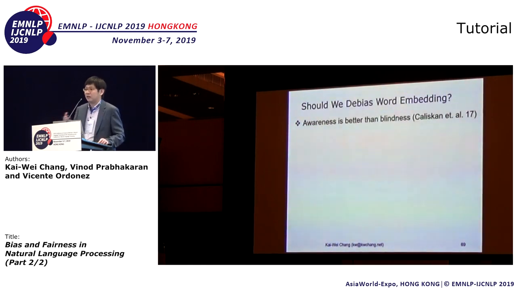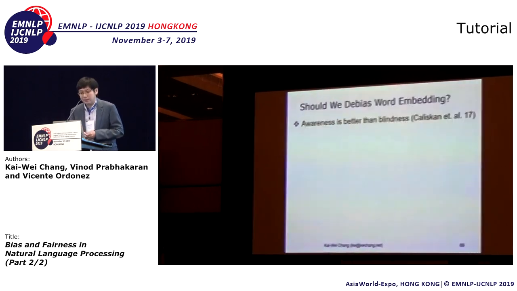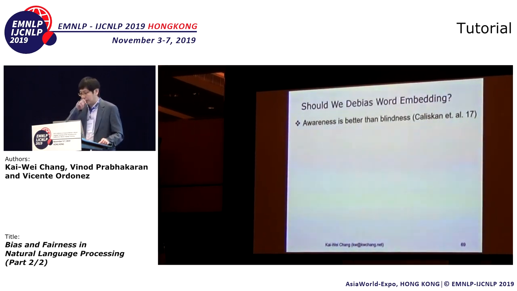We understand there is a bias in our perception, and then try to find some way to deal with that. In this science paper, they also argue that awareness is better than blindness. So you should actually propagate this kind of bias to the later components, and then try to resolve it in a more high-level or holistic way.